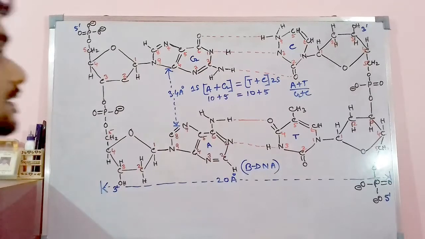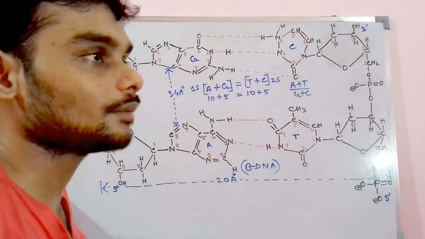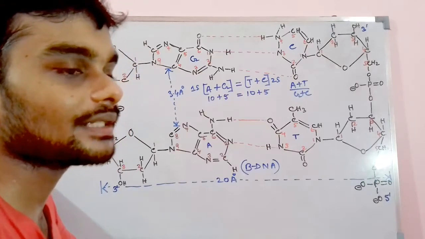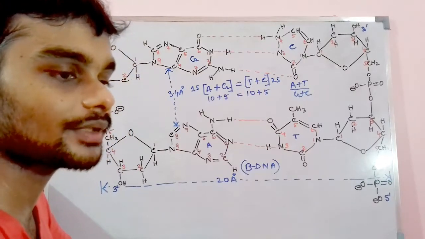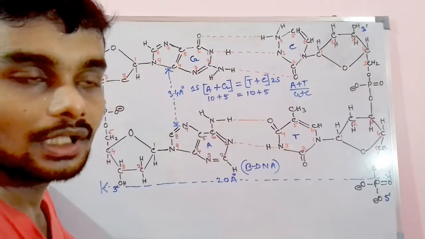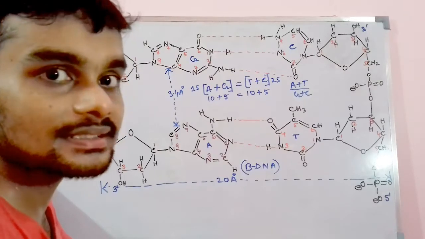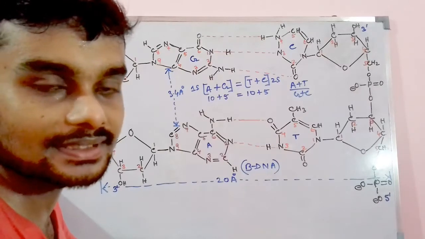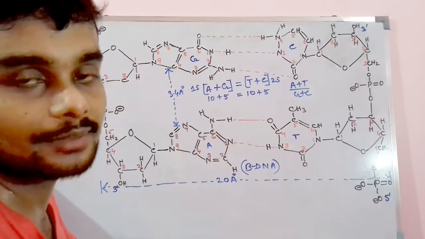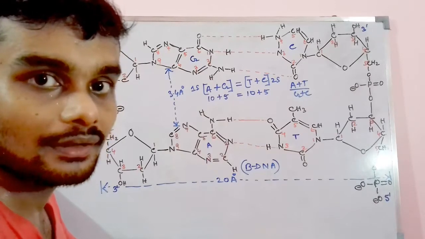It is not always that if the total number of adenine, the purine bases, is 10, then the pyrimidine bases would also be 10. There might be more purine bases or pyrimidine bases, there might be fewer purine bases, or the reverse is also true, there might be fewer pyrimidine bases.